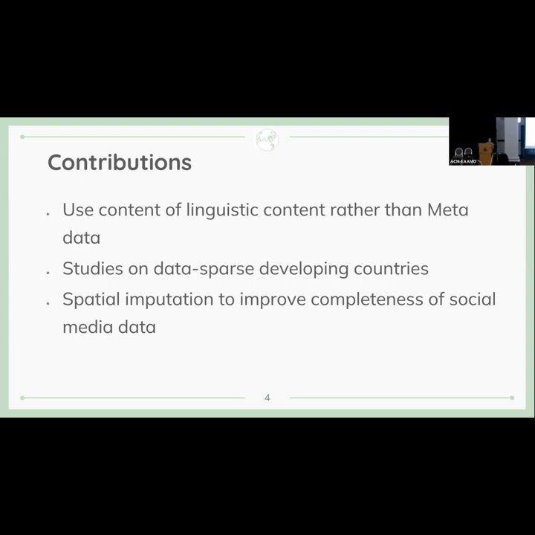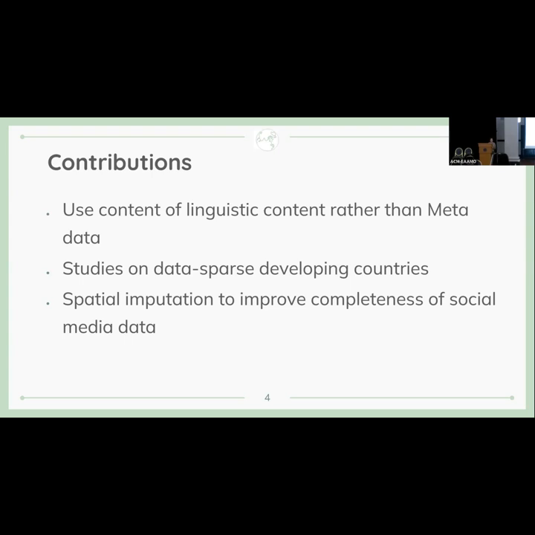Like yesterday's talk, spatial features like satellite imagery or point of interest data can be used to measure poverty. Social media data is less commonly used in predicting poverty.